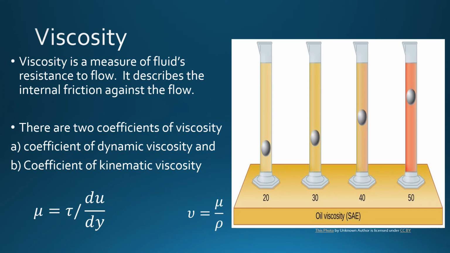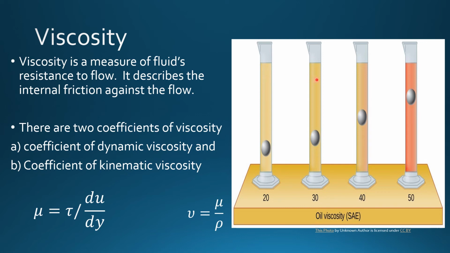Now, another terminology that is important, not in hydrostatics, but in other parts of fluid mechanics and hydraulics, is viscosity. Viscosity is a measure of a fluid's resistance to flow. Okay, it describes the internal friction against the flow.